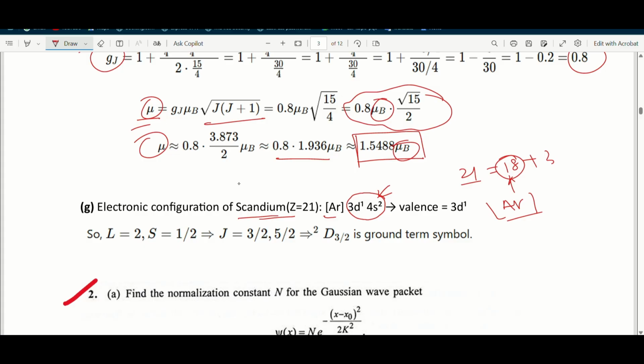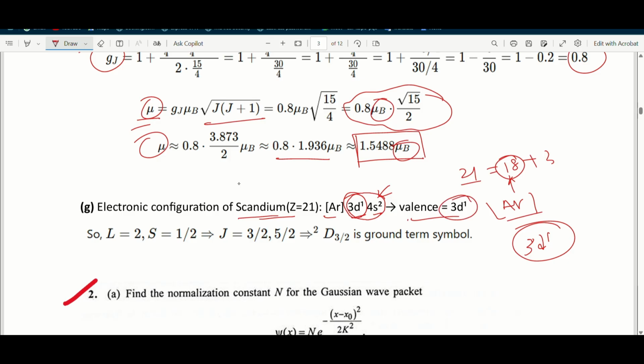And next is 3d1 and 4s2. So the valence orbital will be 3d, that is 3d1. So the valence orbit will be 3d1.